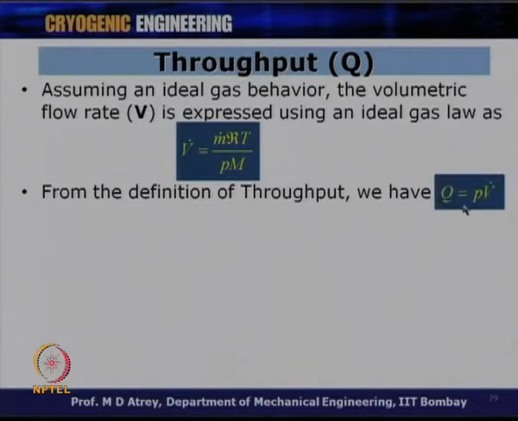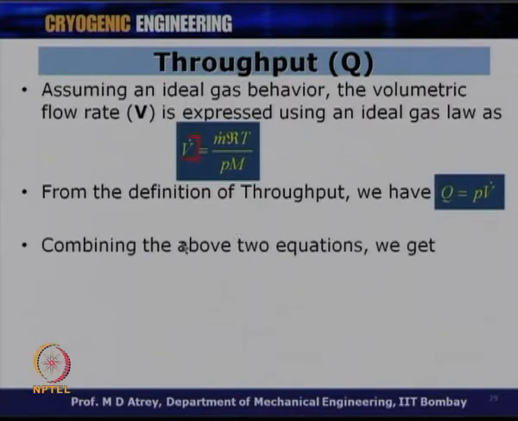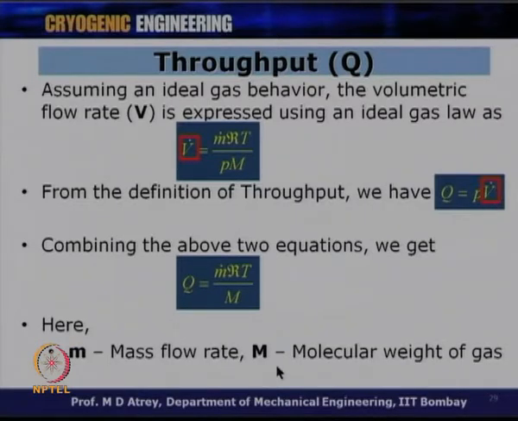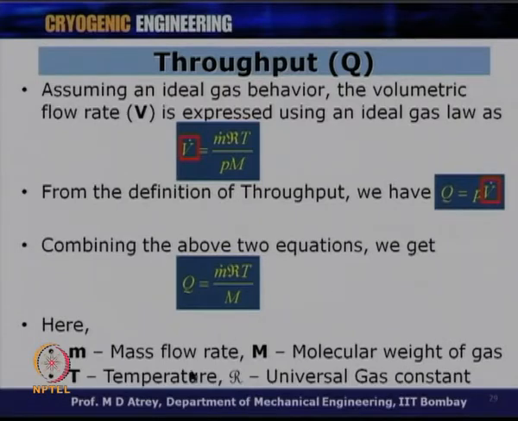Q is equal to P V dot, and if you put the value of V dot in this equation, the pressures get cancelled out, and therefore I get Q is equal to m dot RT upon capital M. So, I got a relationship between mass flow rate, specific gas constant and temperature, and the value of Q. Here m dot is the mass flow rate, capital M is the molecular weight of the gas, T is the temperature, and R is the universal gas constant.